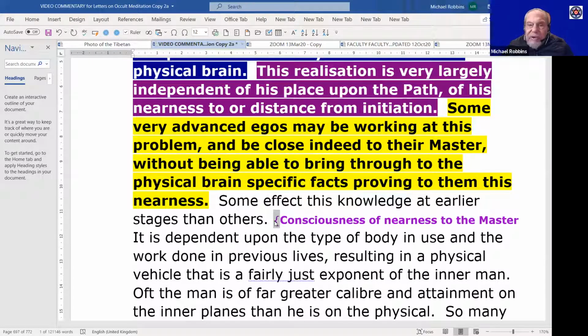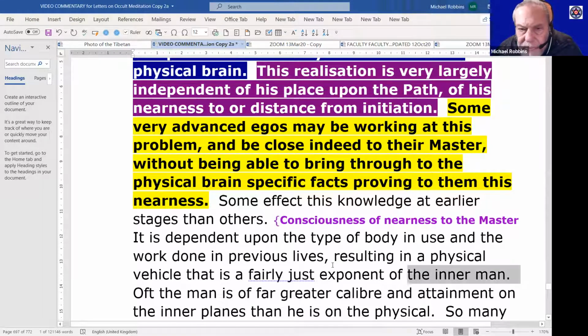It is very significant and helps us carry out on the outer plane where maybe it is most needed certain aspects of the divine plan. It is dependent upon the type of body in use and the work done in previous lives, resulting in a physical vehicle that is a fairly just exponent of the inner man.